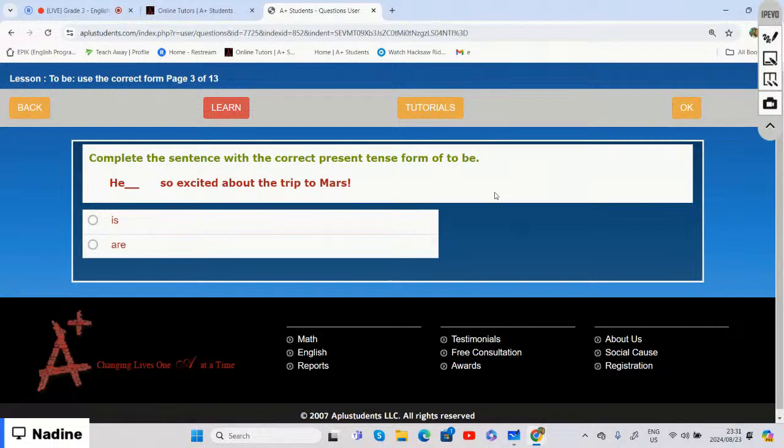And if we were to choose the correct form, we would say he is, because we're referring to one person. So we would say he is excited about his trip to Mars. So well done. Is is correct.